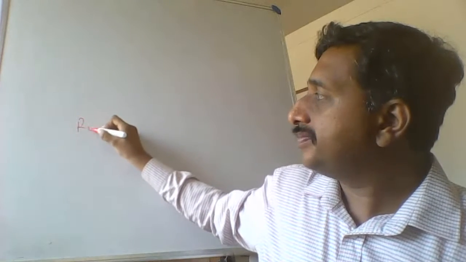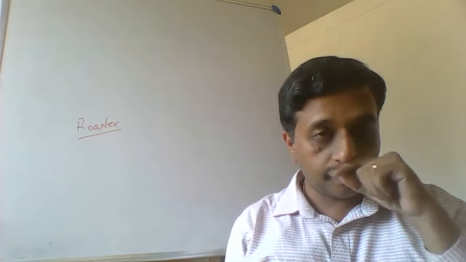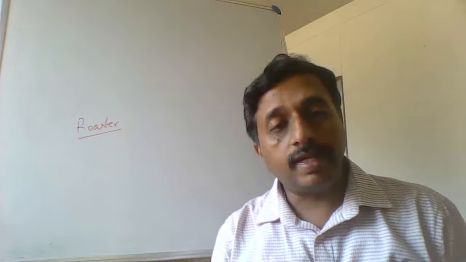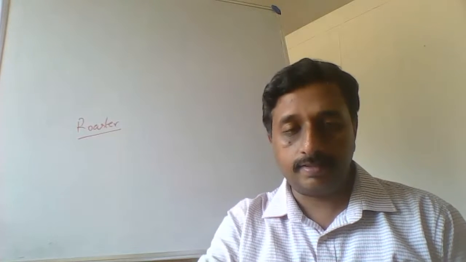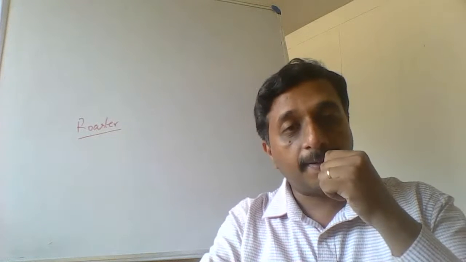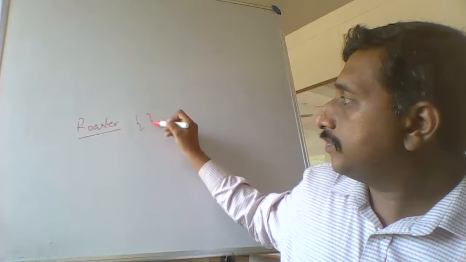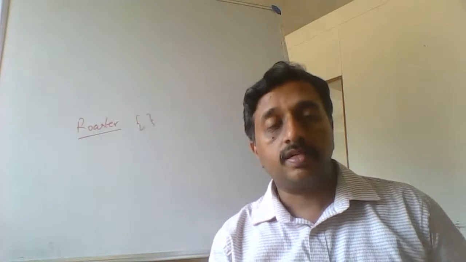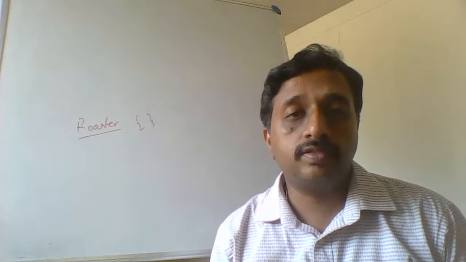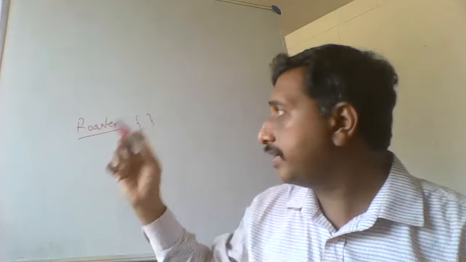In the roster form, all the elements of a set are listed, separated by commas and put within curly braces. So this is a roster method or tabular method. I'll give you one example.